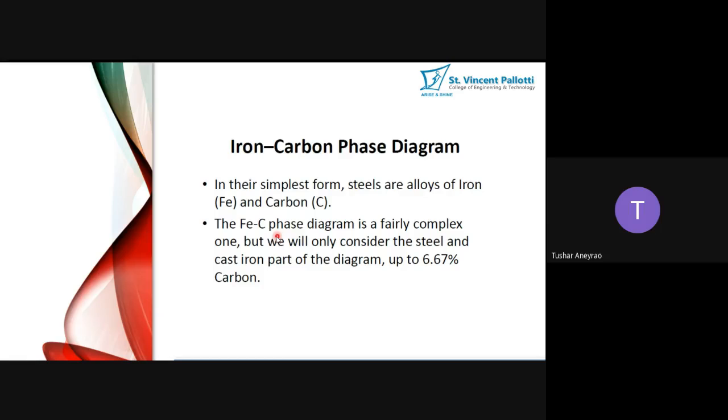It is a fairly complex one, but we will only consider the steel and cast iron part of the diagram up to 6.67%. Now this percentage is very important.